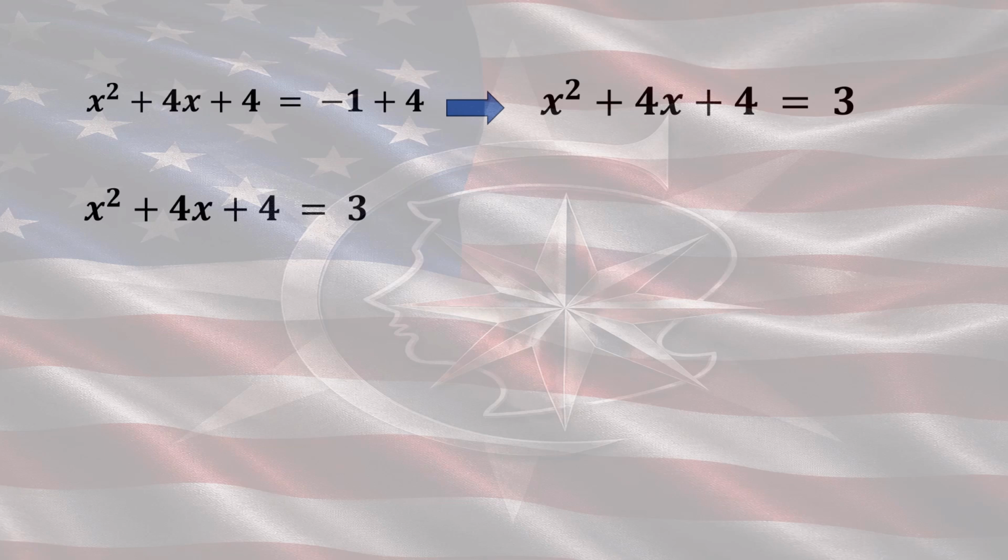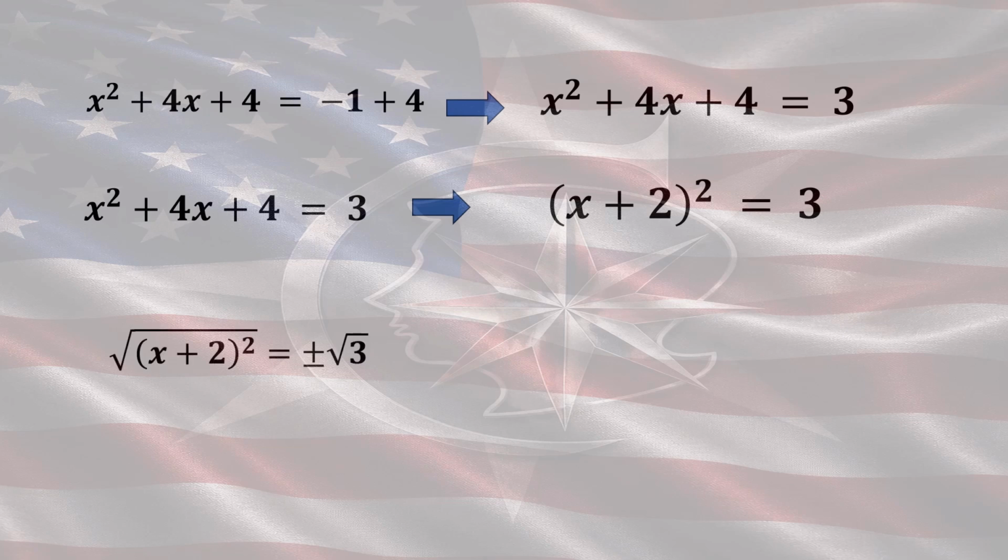4. The left side of the equation can now be factored as a perfect square. X squared plus 4x plus 4 equals 3. X plus 2 squared equals 3. 5. Use the square root property and solve. The square root of the quantity x plus 2 squared equals plus or minus the square root of 3.